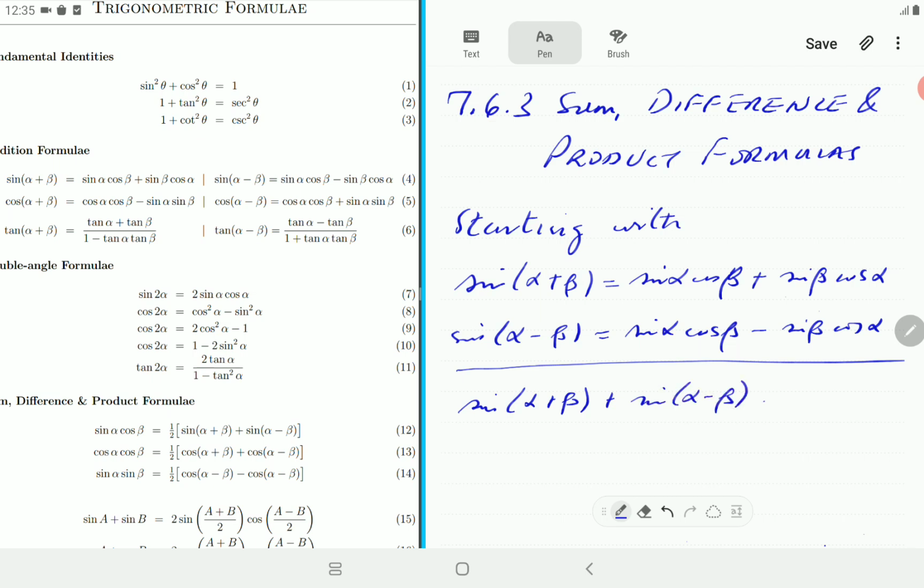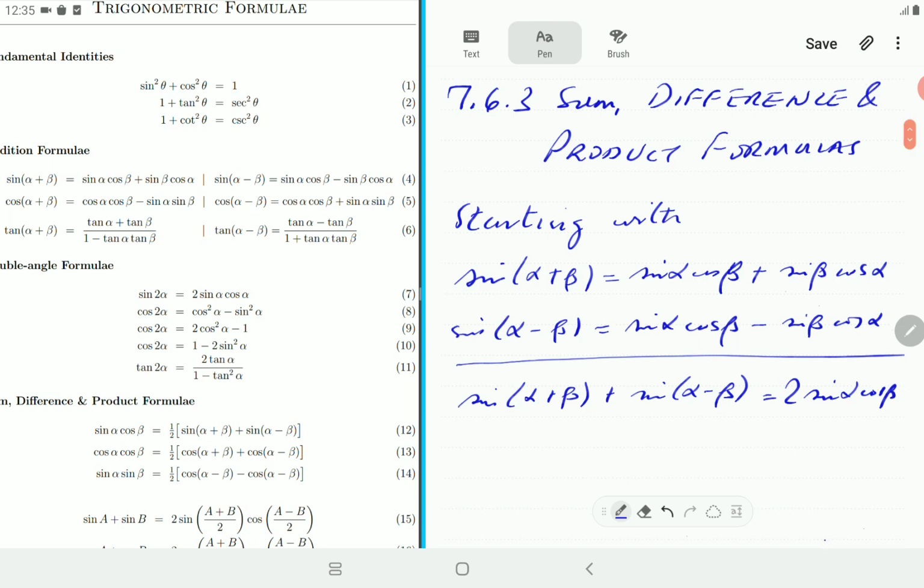On the right hand side, the last two terms here are going to cancel out because this is minus and that's plus. These ones are going to add up, so we're going to have 2 sine alpha cos beta.